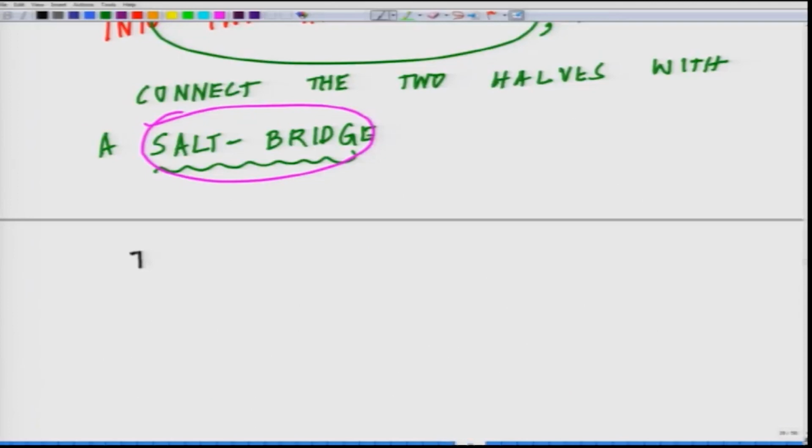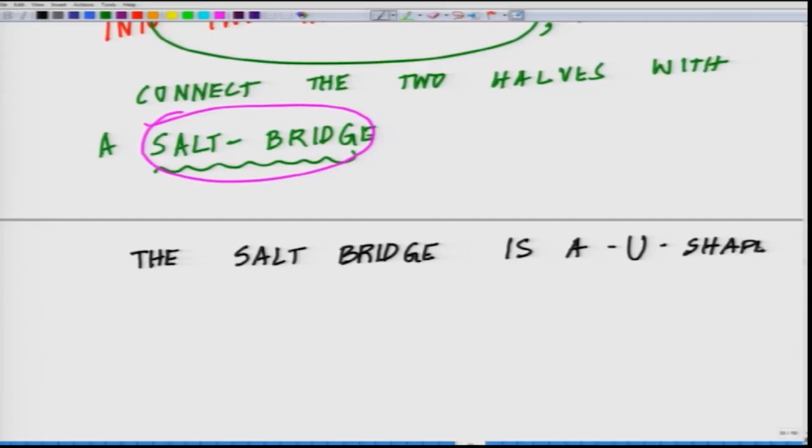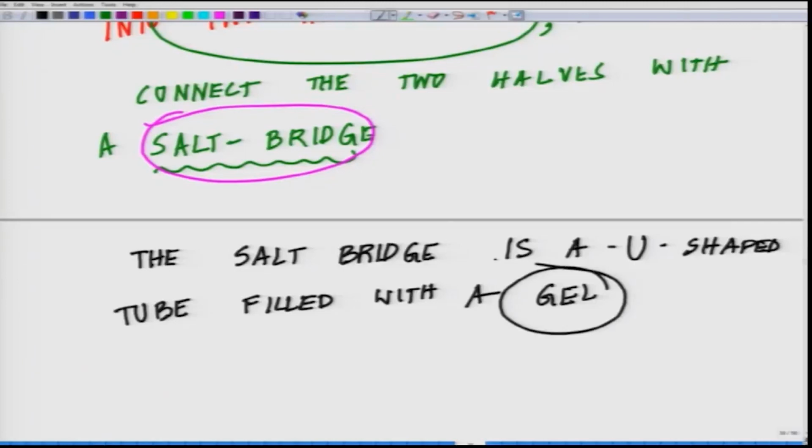What is the salt bridge? Now, we are defining it. The salt bridge is a U-shaped tube filled with a gel containing a very high concentration of KNO3.